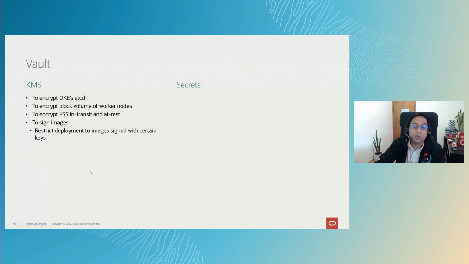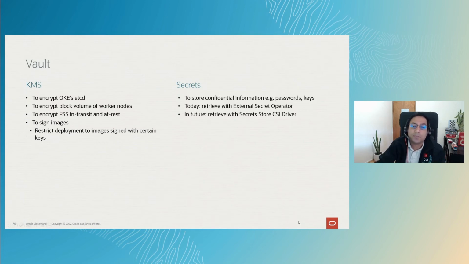So you would store these keys in KMS, and then depending on how you're building your images, you can sign them with those keys and then store them in a container registry. This can be the OCI container registry, or an external container registry as well.